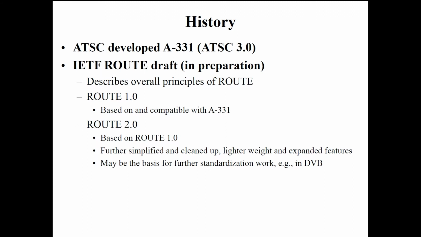And there's also a ROUTE 2.0, which is based on ROUTE 1, but is further simplified and cleaned up. It has lighter weight and expanded features. This may be the basis for further standardization work, for example, in DVB or other standards. So this is obviously still a work in progress, but it's come a fair way.